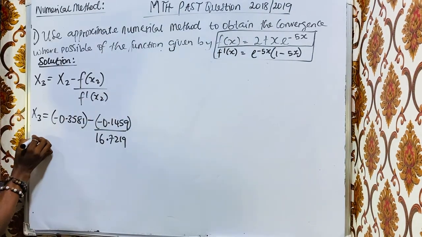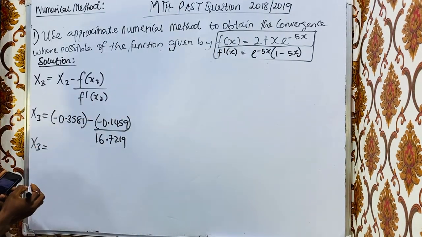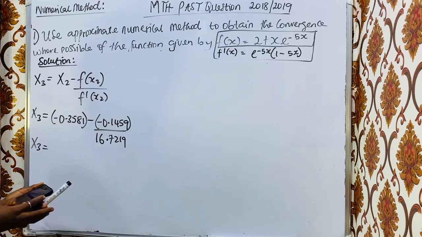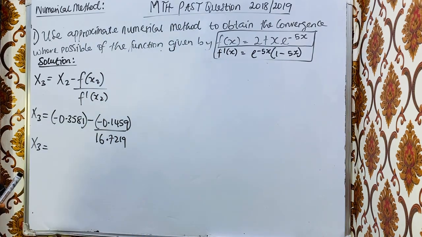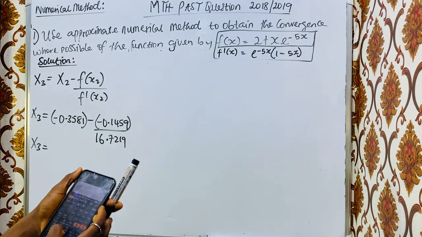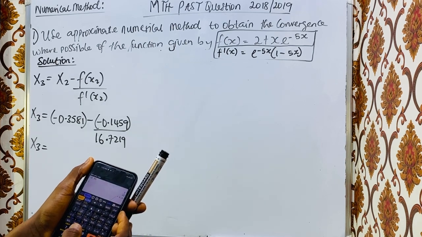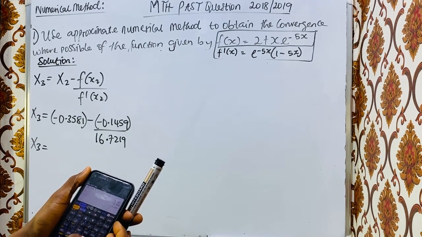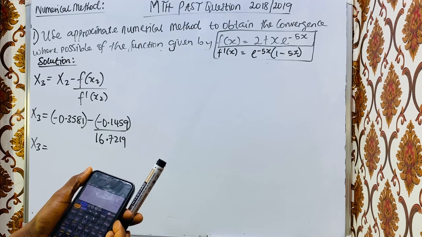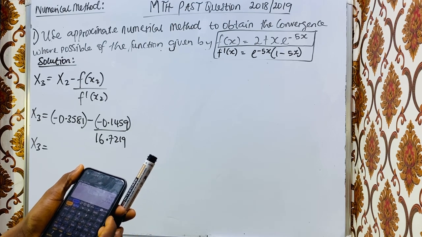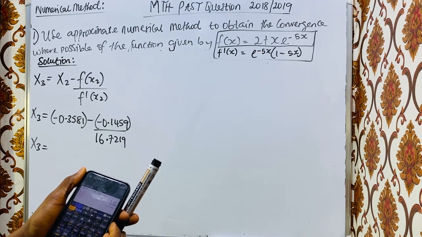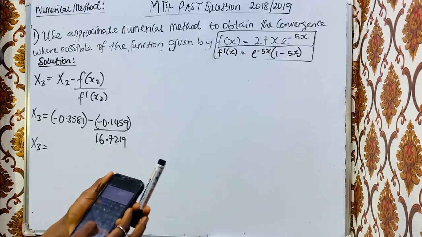We'll be having x3 equal to, so let's punch it in our calculator. Parentheses, 0.3581, then plus 0.1459, because minus is plus.